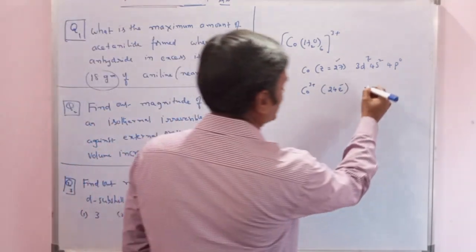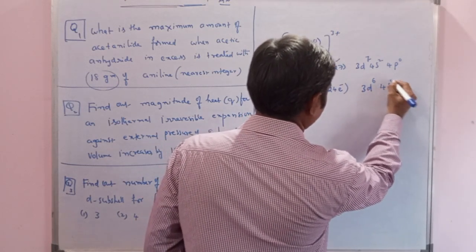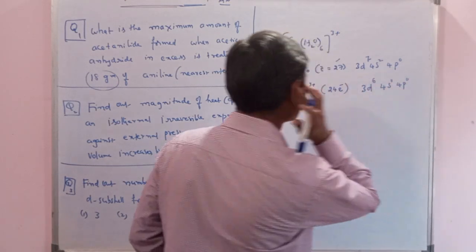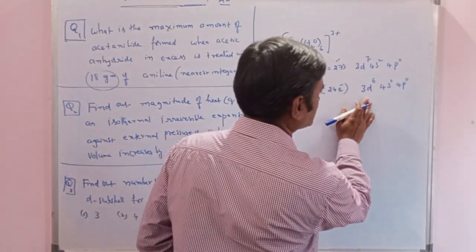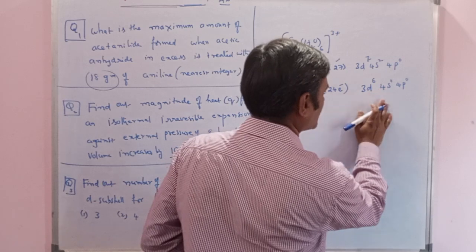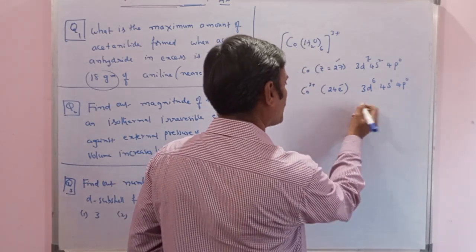Then it will become 3d6 4s0 4p0. In formation of this octahedral complex, it utilizes the d orbitals, s orbitals and p orbitals. d2sp3 hybridization is going to come.